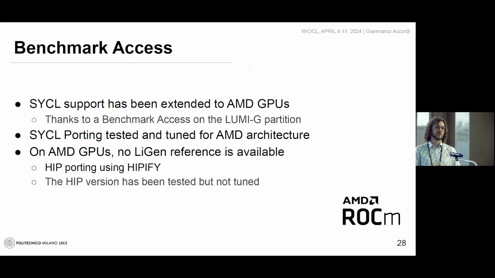On NVIDIA GPUs, we had the CUDA one, which was very efficient in our case. On AMD, we have nothing. So we performed a naive HIPify porting using a Clang version that we have tested functionally, but not fine-tuned as the SYCL and CUDA implementations. So that's for the AMD support.